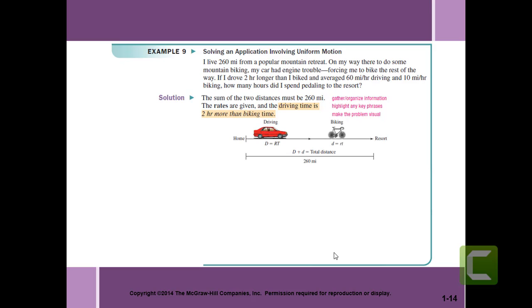So now draw your diagram. This is a great place to draw a diagram. So you draw a number line. And so here's my starting point. Here's the ending point. So I drove this far, let's say, and now the formula for distance is distance equals rate times time. So you're going to have to know that formula to solve this.